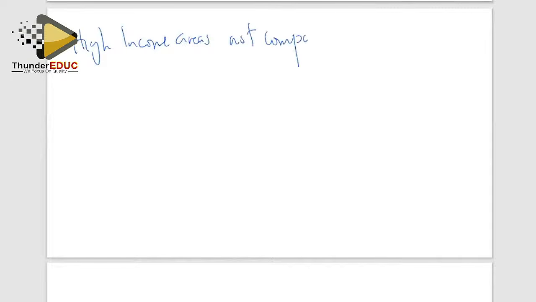Why can't it locate close to heavy industries? That's the question. Why are high income areas not compatible to the heavy industrial sites?